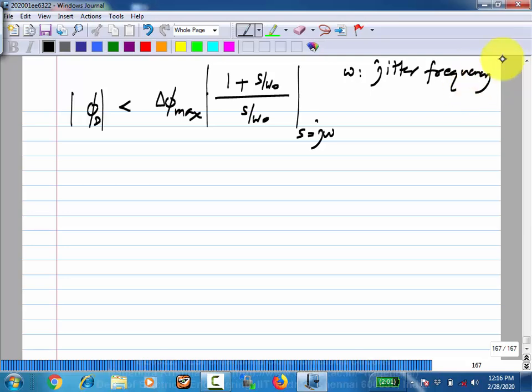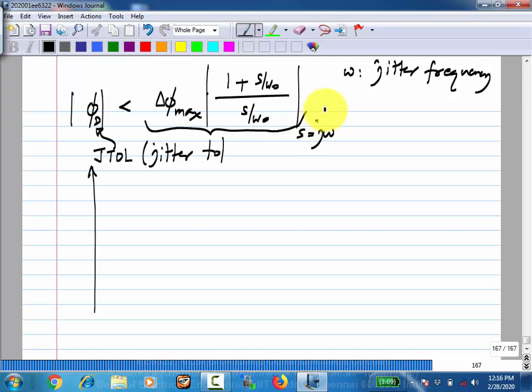Okay. So if you plot now essentially this phi d, which is basically termed jitter tolerance, this is the tolerable jitter, right? This phi d. Okay. Or rather this number is the tolerable jitter.